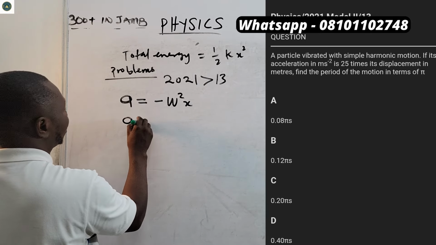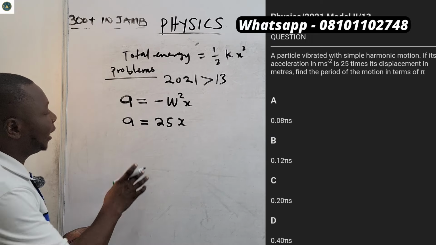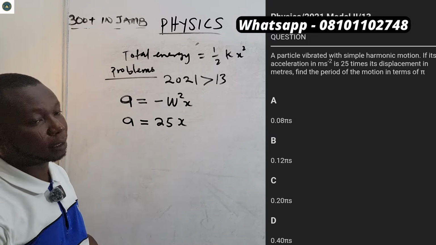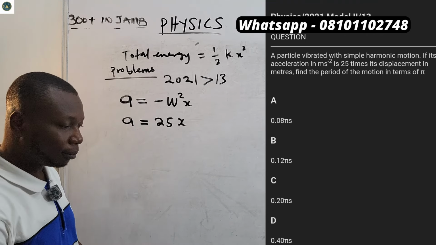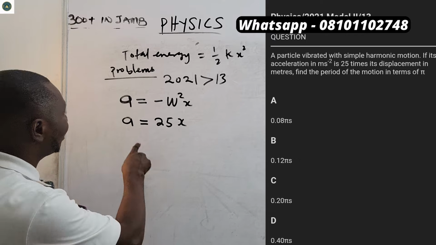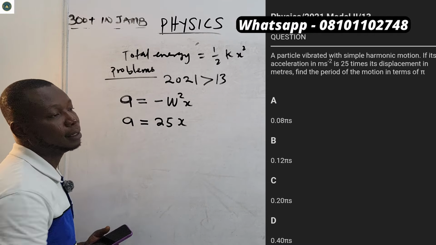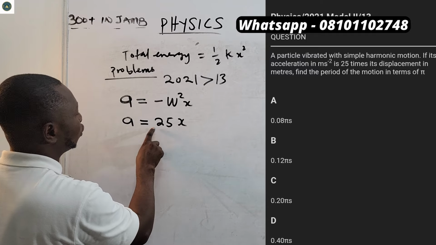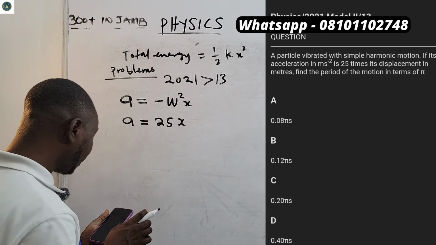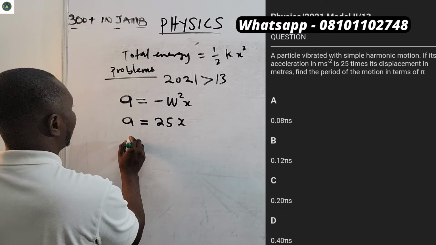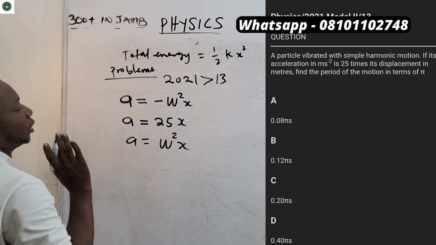So that means acceleration is 25 times its displacement. A is the acceleration, X is the displacement. When you hear the word "is", in mathematics we have equals to. So acceleration is omega square x; let's omit the negative.